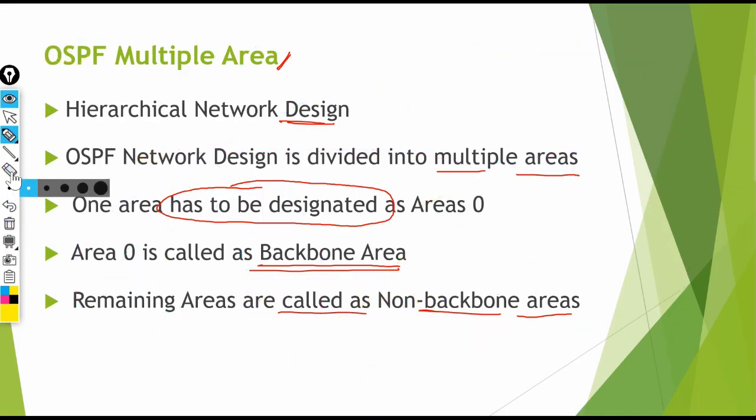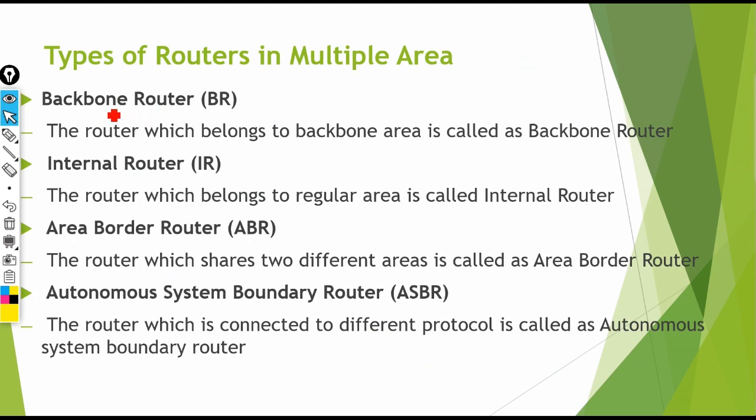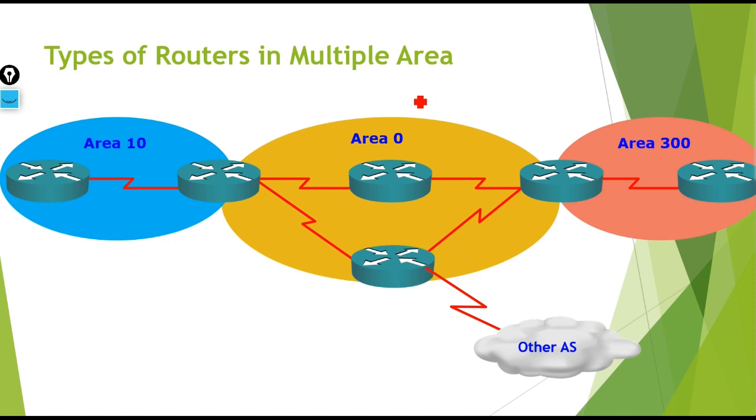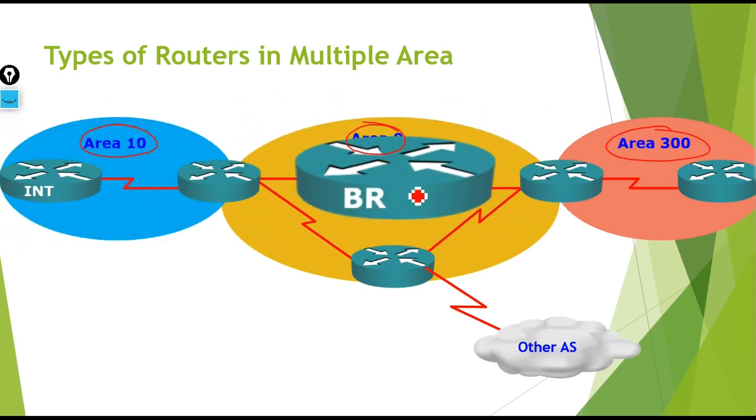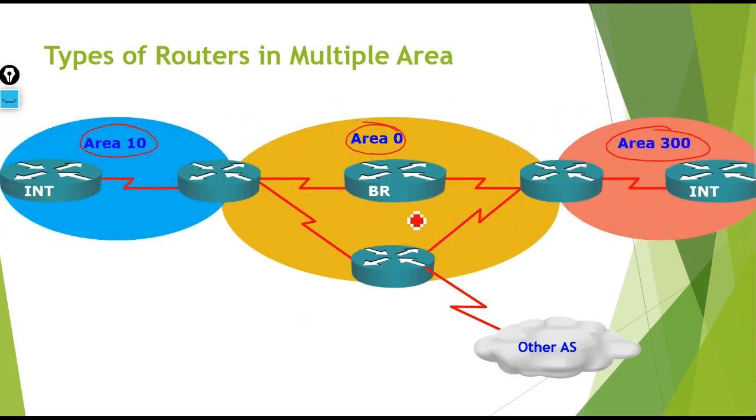See this. As we discussed, I will come back to this particular slide. First, see this. Let's say we have area 10 for OSPF, area 0 and area 300. The routers present in the backbone area are considered backbone routers, and the routers which belong to a non-backbone area are internal routers.